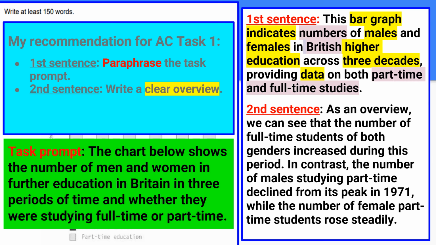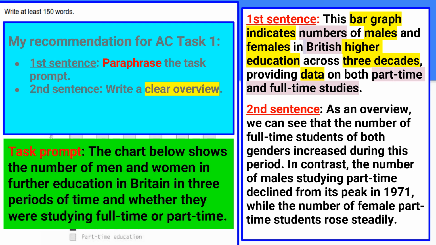Britain, the noun, is changed to its adjective form, British. And studying full-time or part-time becomes part-time and full-time studies. Sometimes we can't change the words if we want to keep the meaning intact. So in those cases, we can change sometimes the form of the word or vary the structure of the sentence.